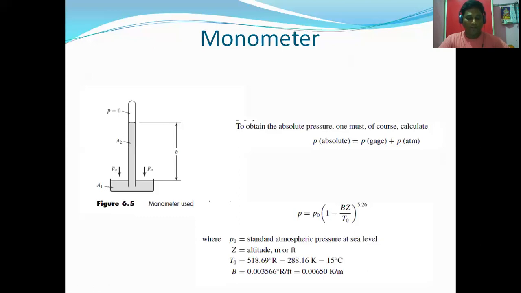Such practice can produce major error because the value stated by the weather station is corrected to sea level using the altitude at the weather station. Okay, therefore we have calculated the pressure with the help of P naught (1 minus Bz divided by T0) to the power 5.26.